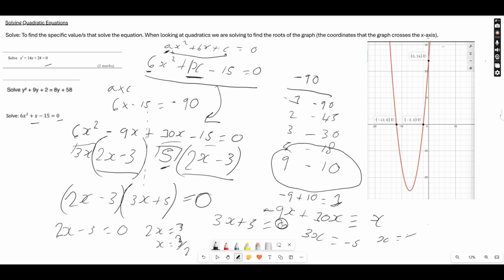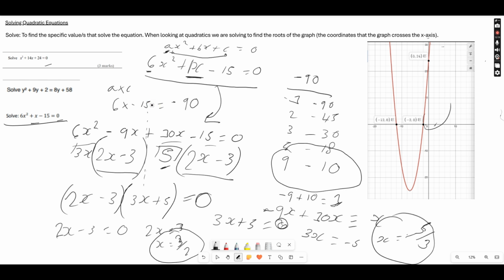So that one and that one over here would be your two solutions to this question. Solving that equation, these would be your solutions where it would cross the graph. So 1.5 would be about there-ish, and minus 5 over 3 would be maybe around there-ish, where it would cross the graph.